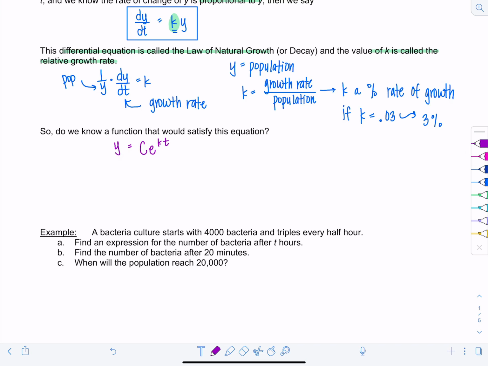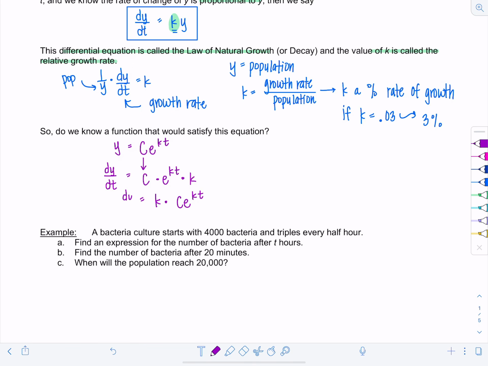Okay, let's differentiate this equation. Let's take the derivative with respect to t. Right, we can do this, no big deal. c is just a constant, so bring it down. And then the derivative of e to the kt is going to be e to the kt times k by the chain rule. And so notice I'm left with k times c e to the kt.